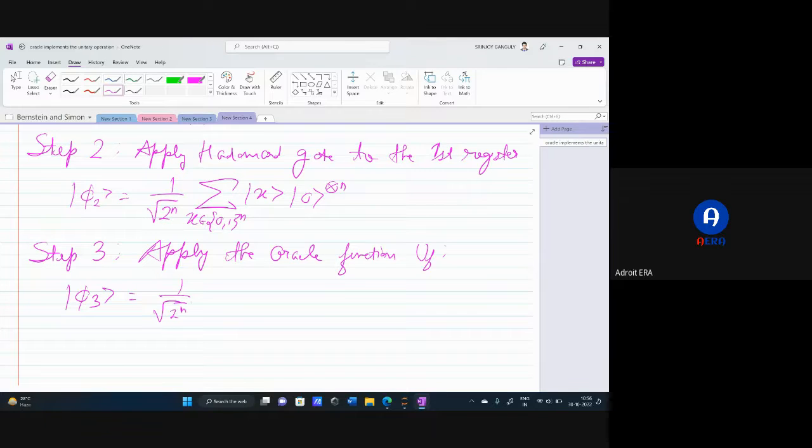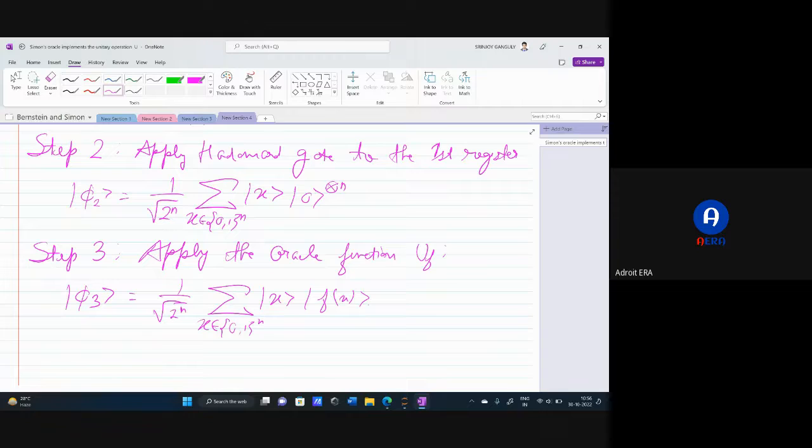To the n, summation x belonging to 0 1 to the n, ket x and basically f of x. So applying the oracle means this formula, ket x comma f of x. We saw that formula just now.